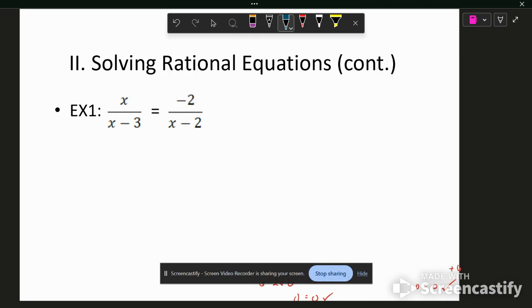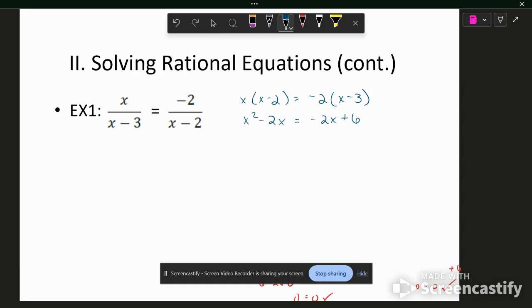That's the first thing that we're going to do. So x times x minus 2 equals negative 2 times x minus 3. x squared minus 2x equals negative 2x plus 6.